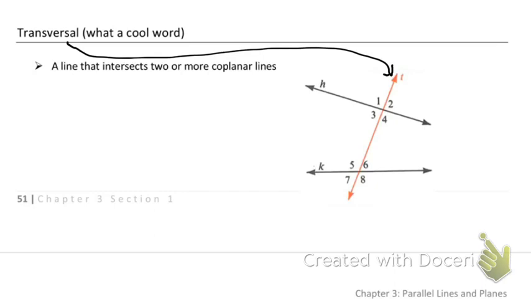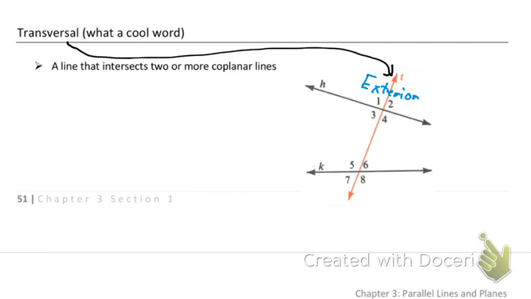I want to put some important information on here, though. Two huge facts. With a transversal, you're going to have something called the exterior and the interior. Your exterior is going to be above and below kind of this section here. So 1 and 2 are going to be in your exterior.